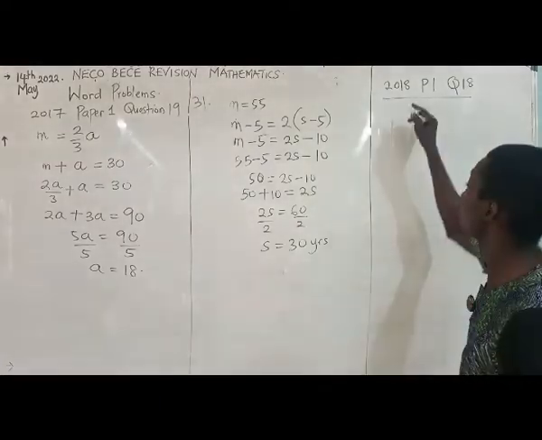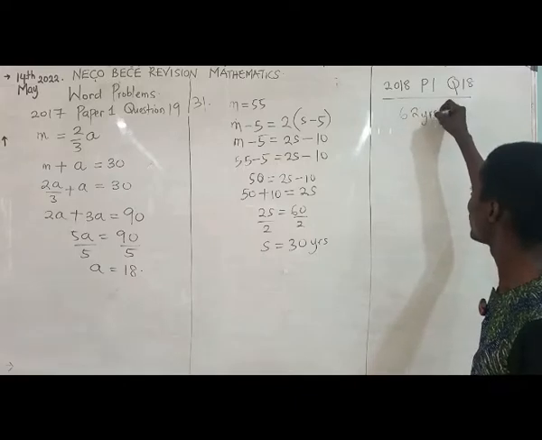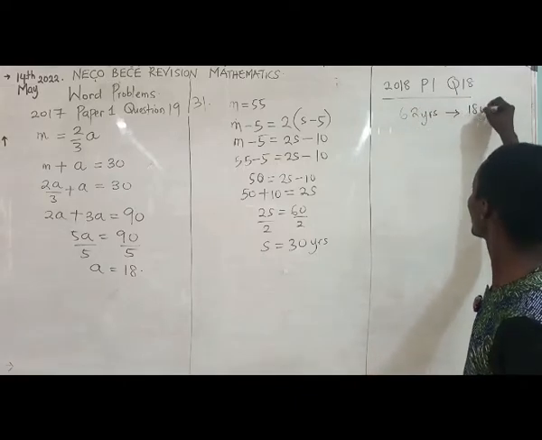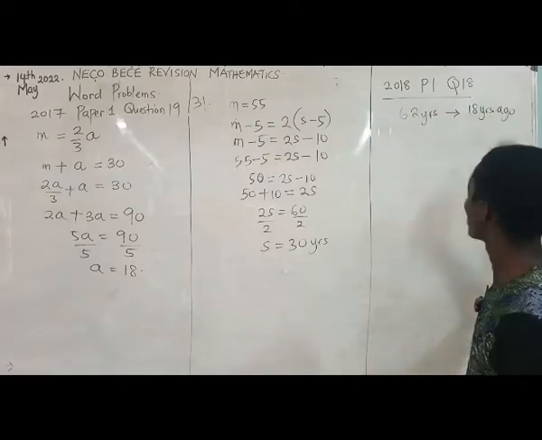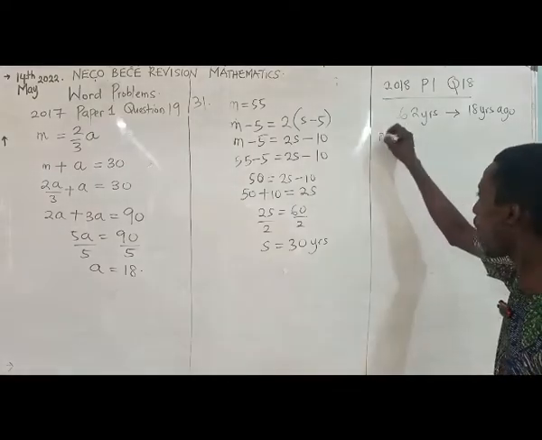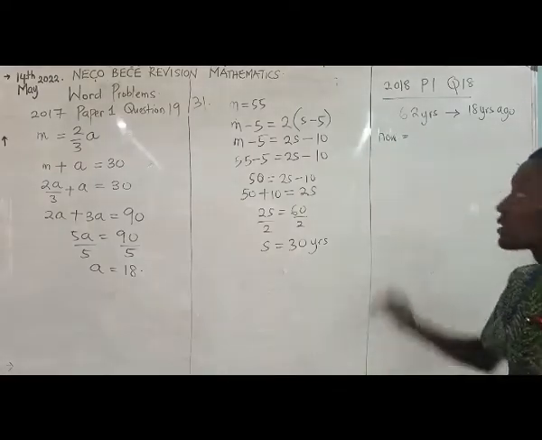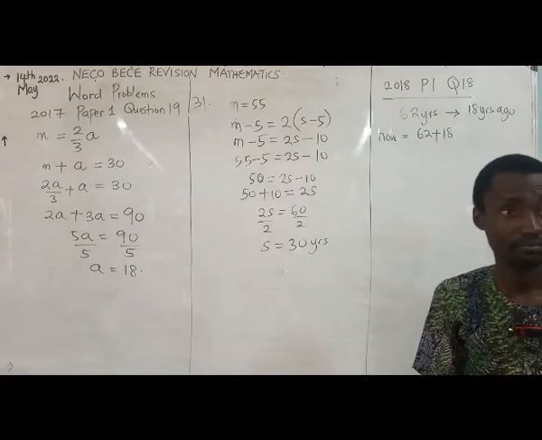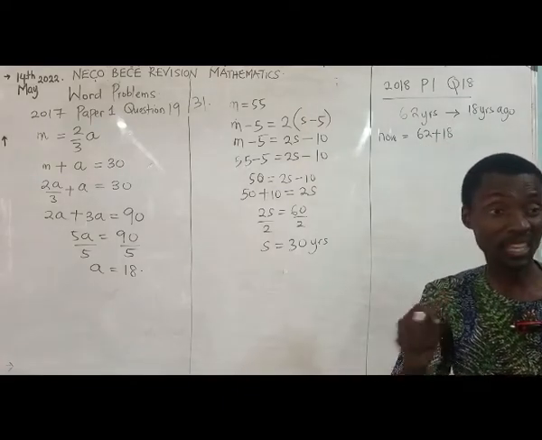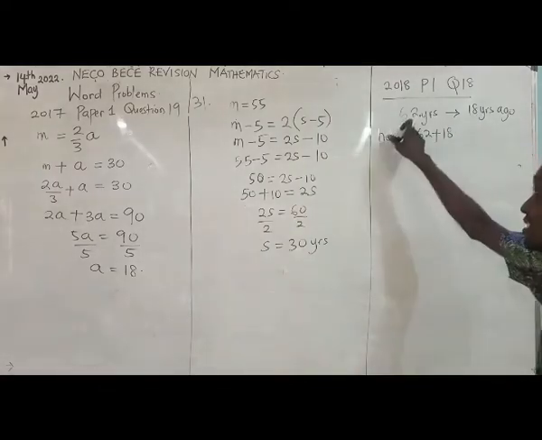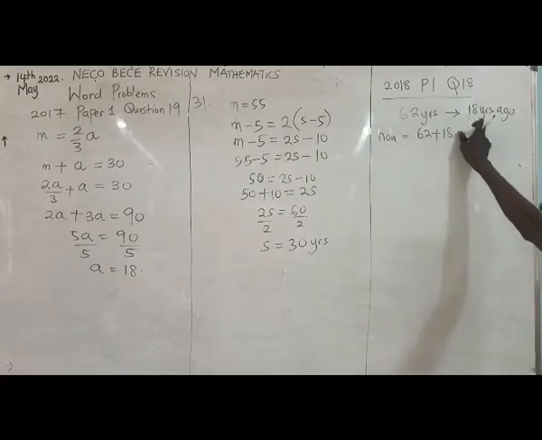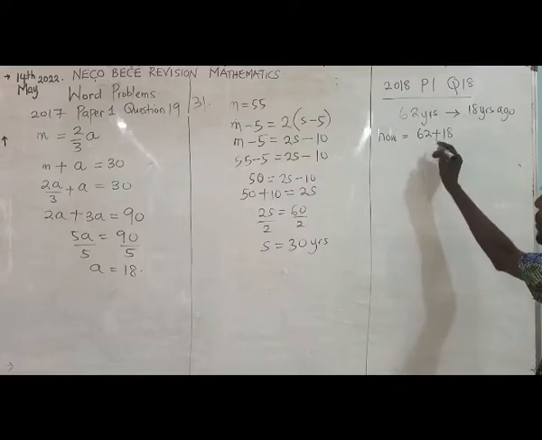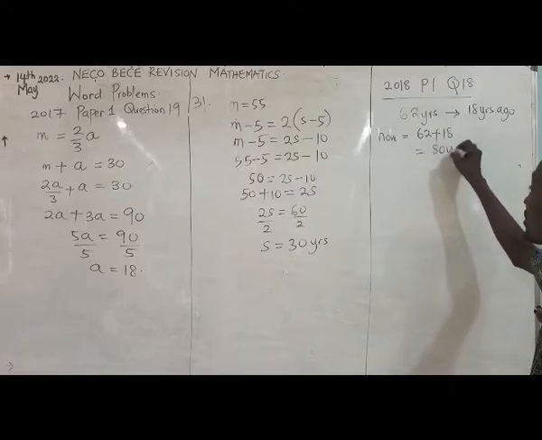He was 62 years old 18 years ago. Now, he will be what? 62 plus 18. Ago always suggests back. 62 years, 18 years ago. So what's his age now? He will be 80 years.